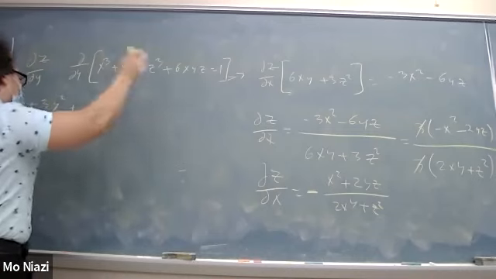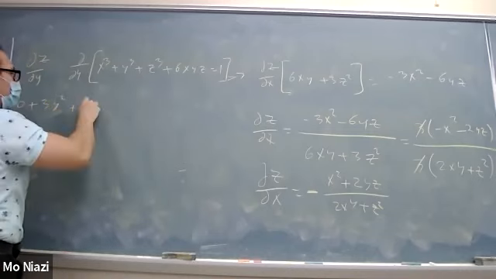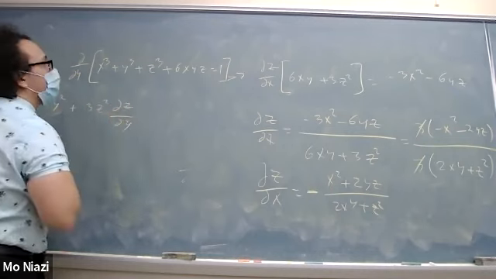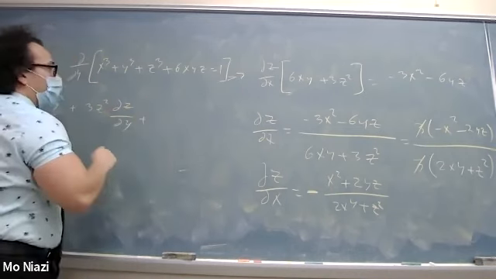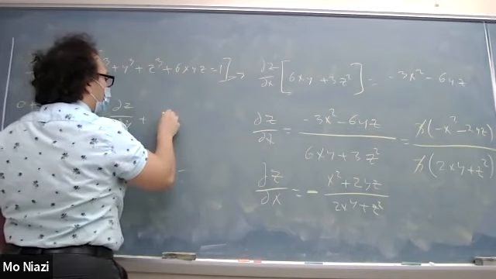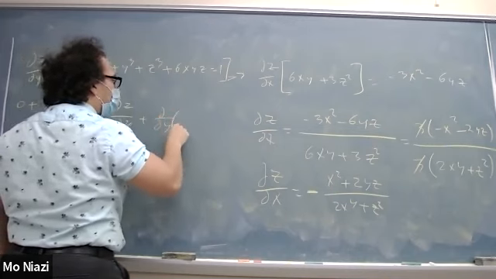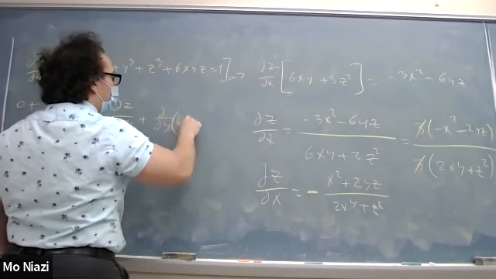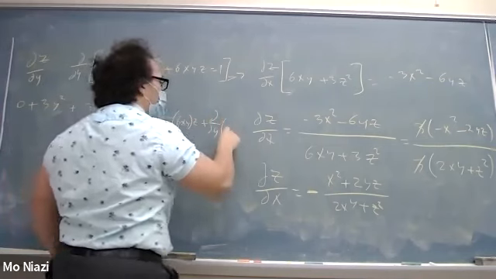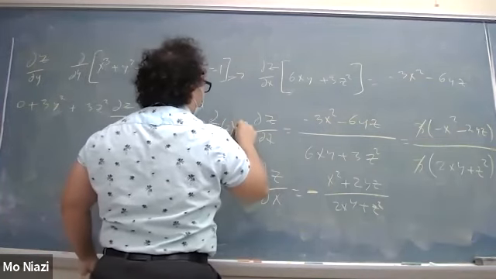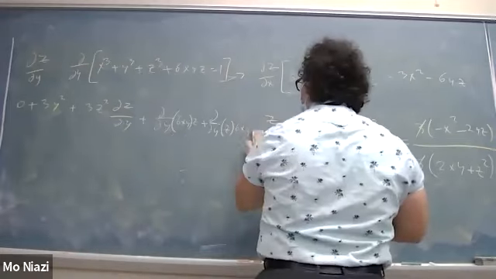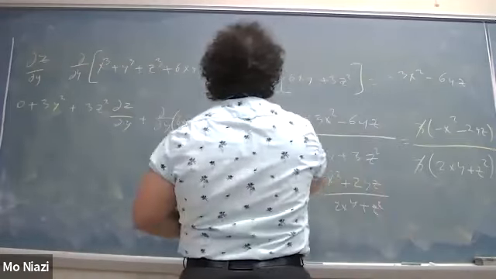When it hits this term, again, z is a function of x and y, so this becomes 3z squared partial z partial y. When it hits this term, we have to do the product rule. So it becomes partial y of 6xy times my z plus partial y of z times 6xy. All this equals 0.